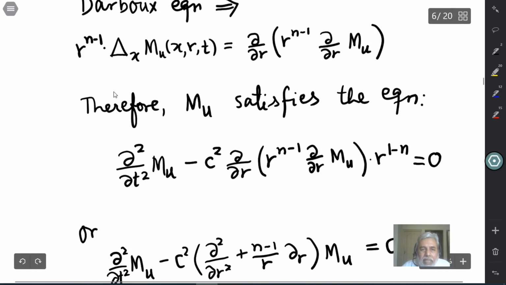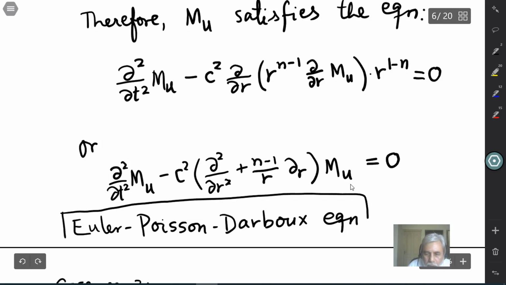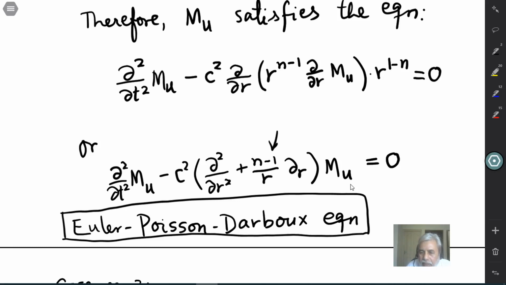So taking the spherical mean function of the solution u, we just saw that it satisfies this equation, and this has a name. It's called Euler-Poisson-Darboux equation. Okay. Again, this first order term, this is just del by del r, I'm mixing the notation.